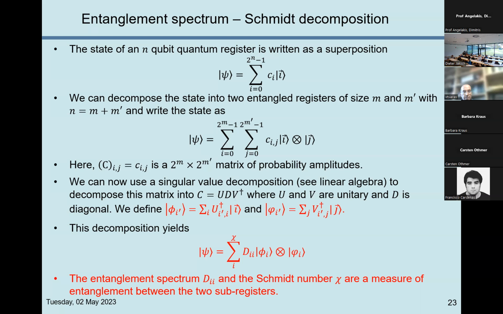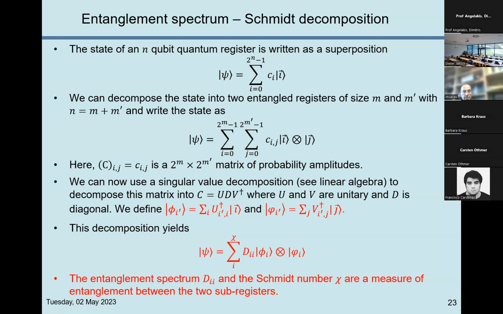And you can now ask the question, what properties does this matrix C_ij have, if the row index enumerates the first quantum register and j enumerates the second quantum register? We can take that matrix and always decompose it into a singular value decomposition, as some unitary u times some diagonal matrix times some unitary v dash.